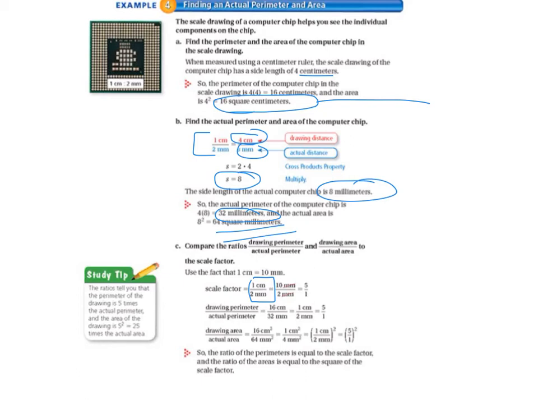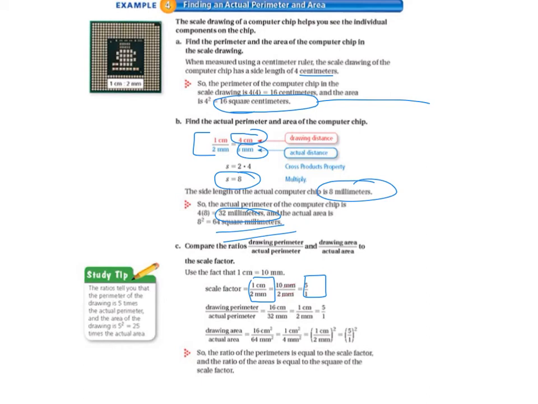So we're just substituting in millimeters for centimeters. And then we simplify, and we have a scale factor of 5 to 1.